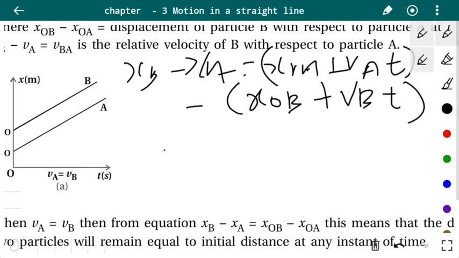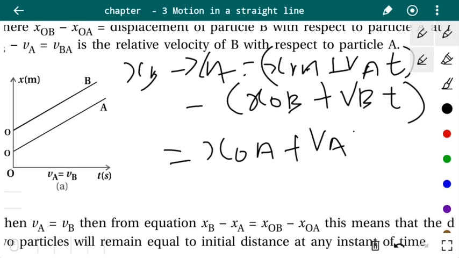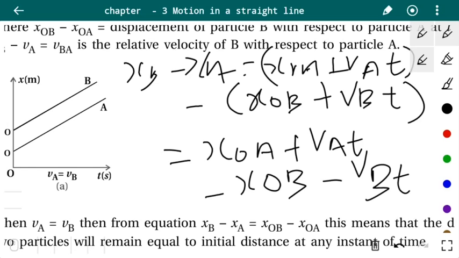So it is equal to, opening up the bracket, xoa plus vat minus xob minus vbt.